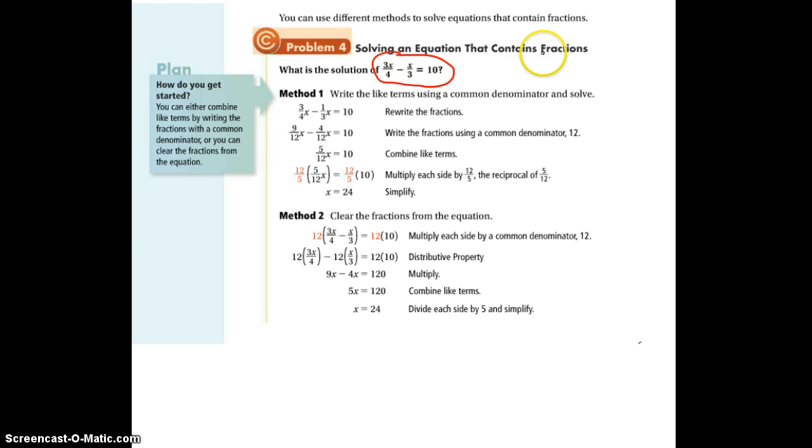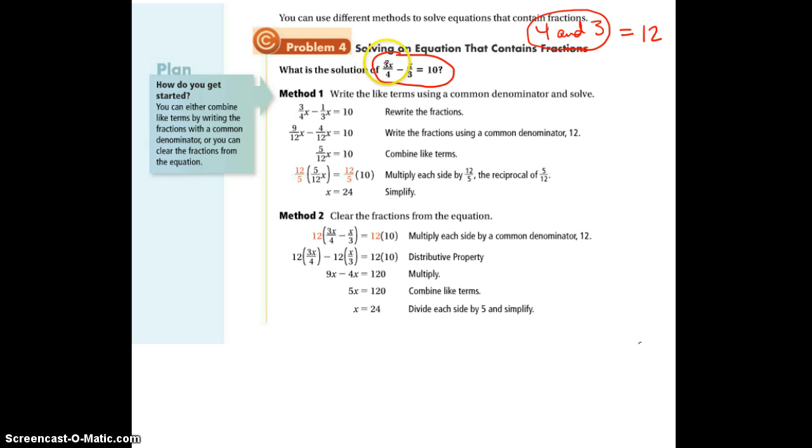In this case, your denominators are 4 and 3. So the common denominator of 4 and 3 is the number 12. In other words, 4 and 3 both go into 12. So what we're going to do here is multiply every term by the number 12.